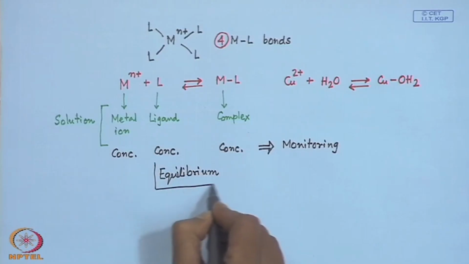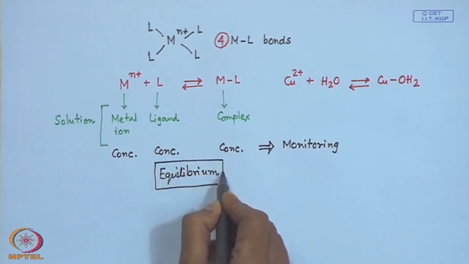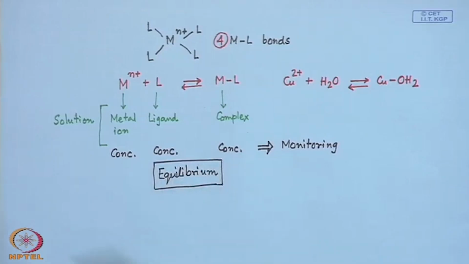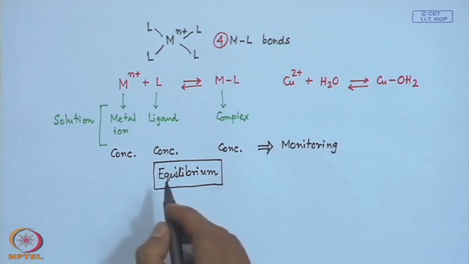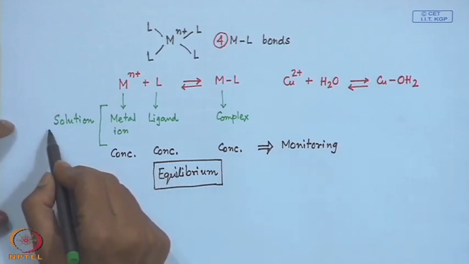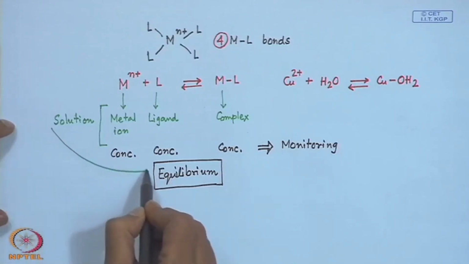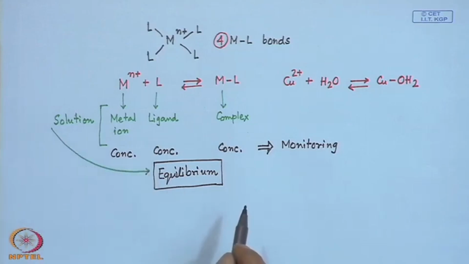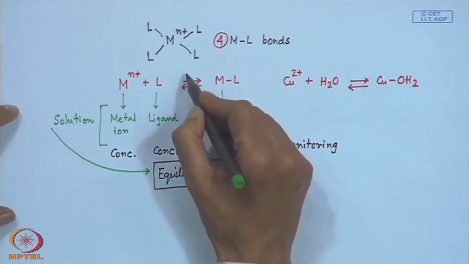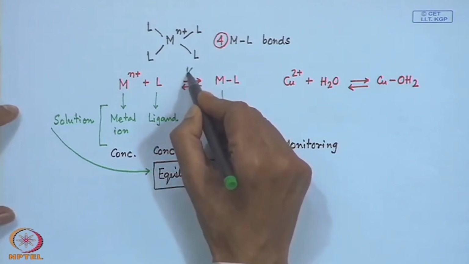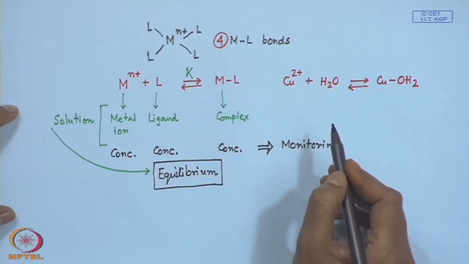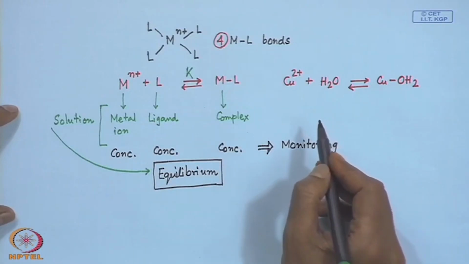So, in today's class, we will consider how the equilibrium processes are taking place and how the different species can contribute to the equilibrium process, because this is a very important thing that we can monitor in the solution stage. So, in solution, the complex gives us some equilibrium process and we can monitor it, such that we can evaluate some constant related to this particular complex formation.